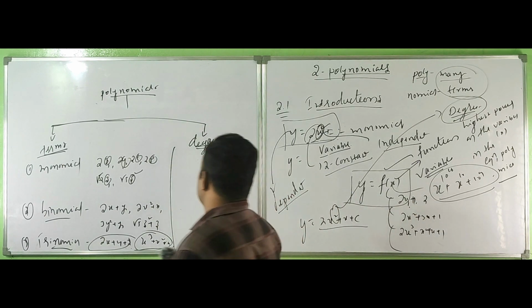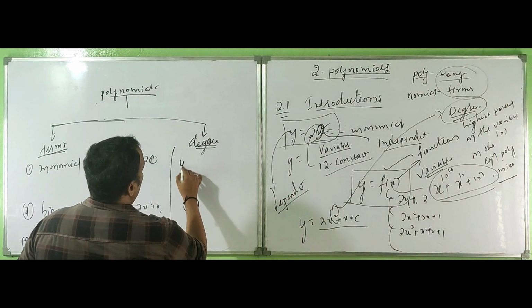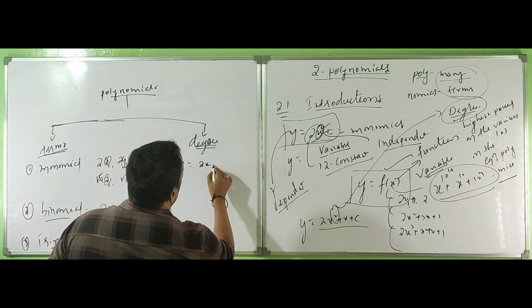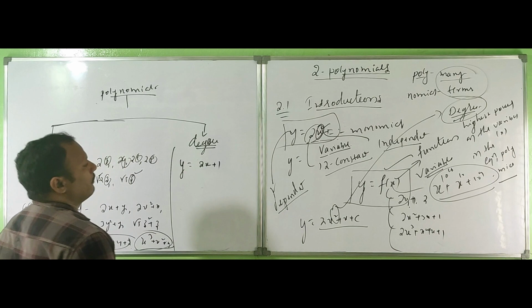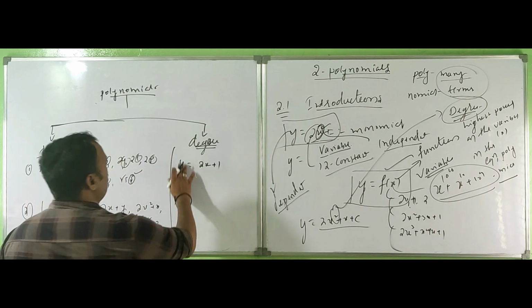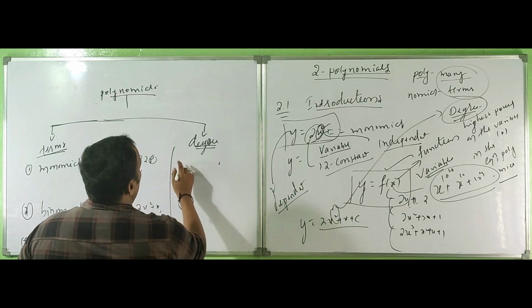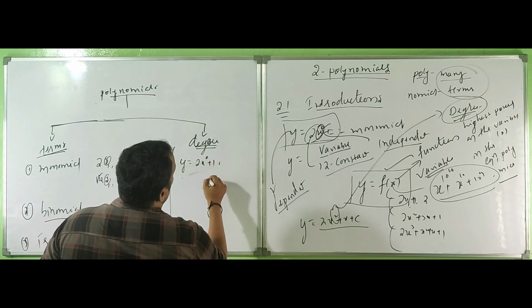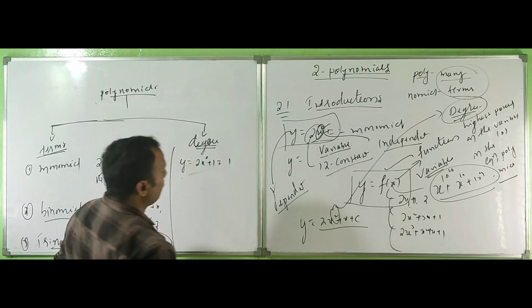Similarly, based on degree. If degree is 1, if y is x plus 1, very important. If degree is 0, it is called a constant function. We can also write y is equal to 2 to the power x 0 plus 1, which can be written as 1.